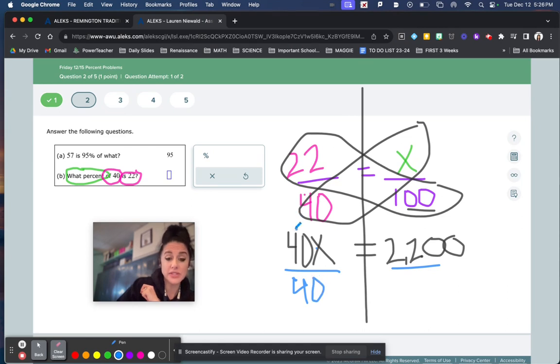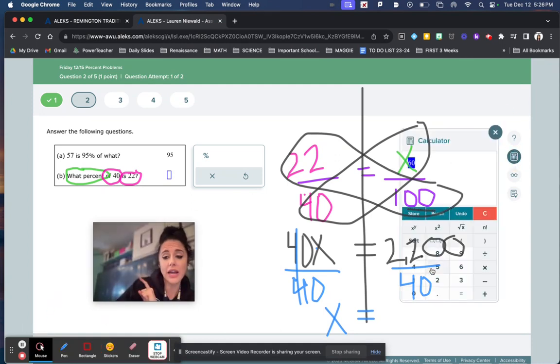And that cancels it out. 40 over 40 is 1. 1x is what I'm left with over here. And then whatever you do to one side, you have to do to the other because it's an equation, so you have to be equal, right? So again, no reason to get this part wrong. I'm going to go over using my handy dandy calculator. I have 2,200 divided by 40, and I get 55.